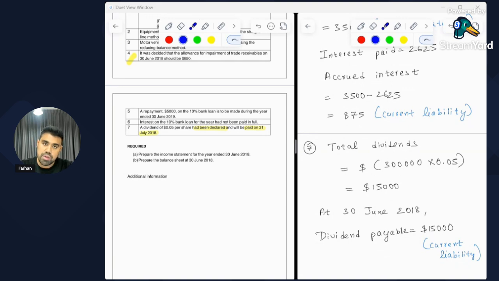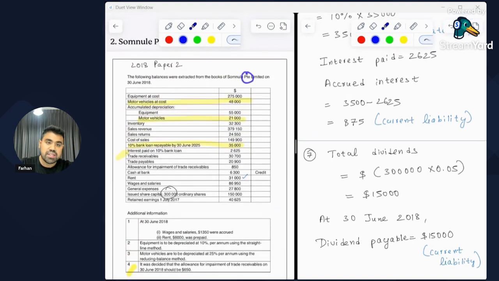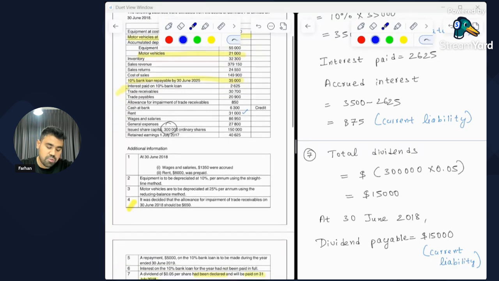Now, we are working with a business which is a private entity, as you can see, PTE Limited. So this is a private company, and within this company, we can have many owners, and each of these owners who have invested in the company deserves some dividends, and that dividend is $0.05 per share or 5 cents per share.